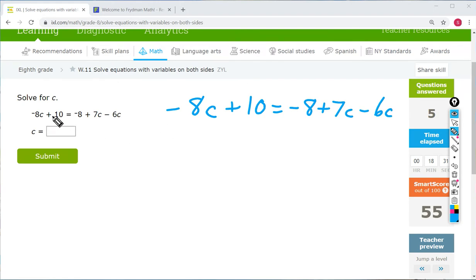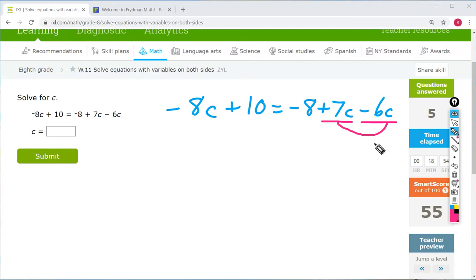Negative 8c plus 10 equals negative 8 plus 7c minus 6c. Okay, good. So notice that this c term and this c term are both on the same side. So I can go ahead and just combine them right away.